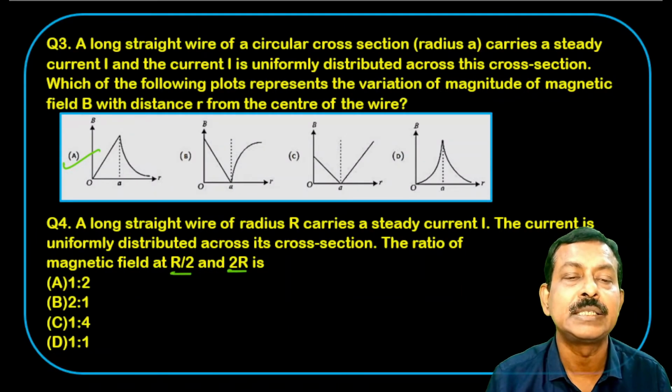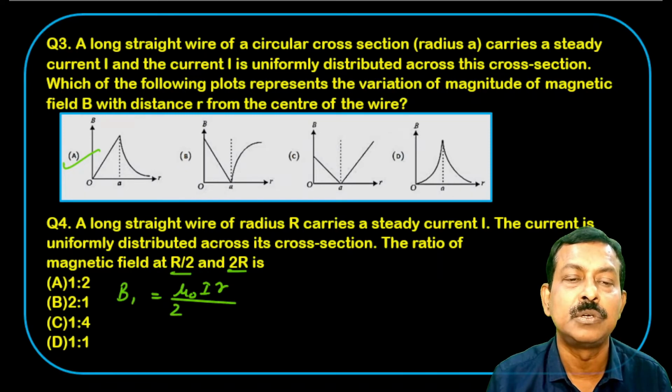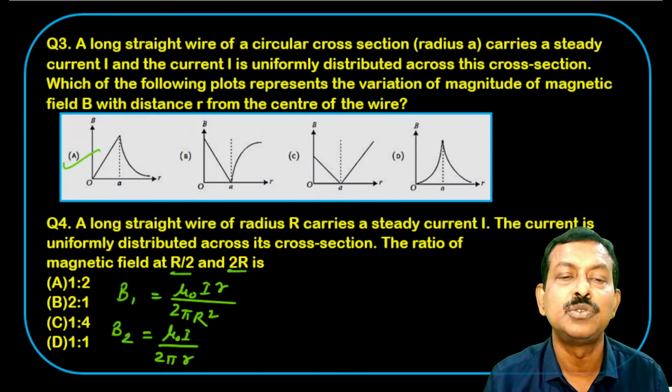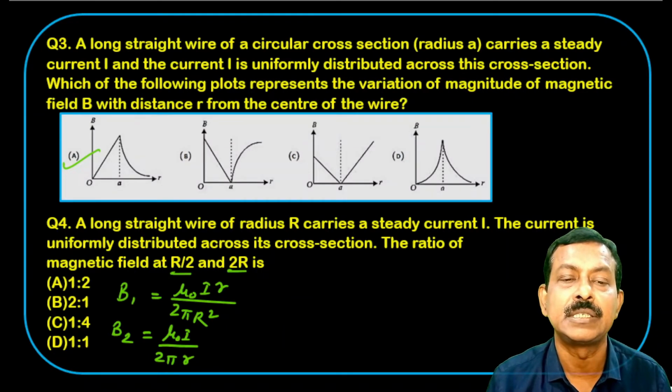So if I consider the magnetic field as B1, it is your mu naught I r divided by 2 pi capital R square for the inside case, and for the outside it was your mu naught I divided by 2 pi r. Now in the first case it is your R by 2, in the second case it is your 2R.